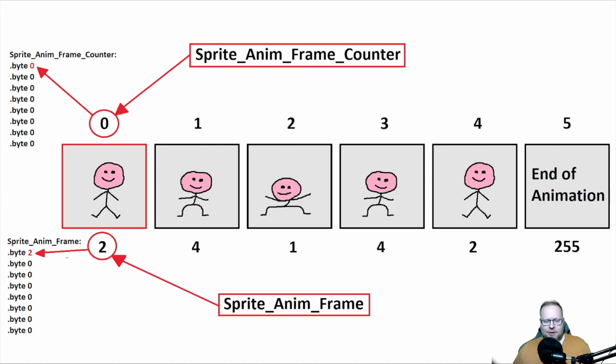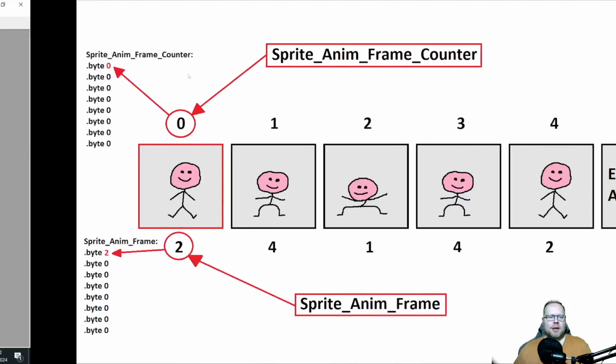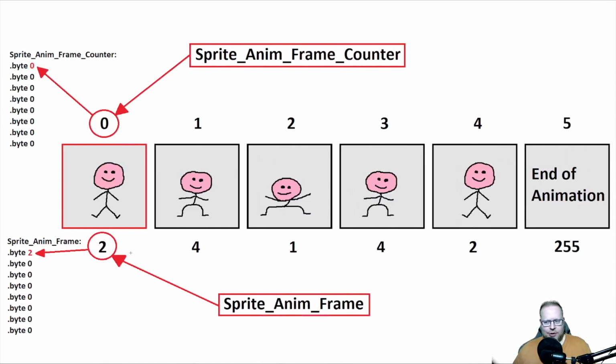But for now, you just need to understand that we have one table to keep track of the frame number, and the other table is going to keep track of, okay, you're at frame, we have a certain animation, for example spin animation or whatever, and at frame 0 on that spin animation we have sprite graphic number 2, which in this case would be 0, 1, 2. It will be this one. So 2 more tables to keep track of that.